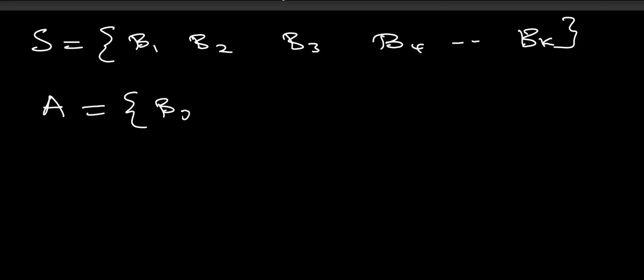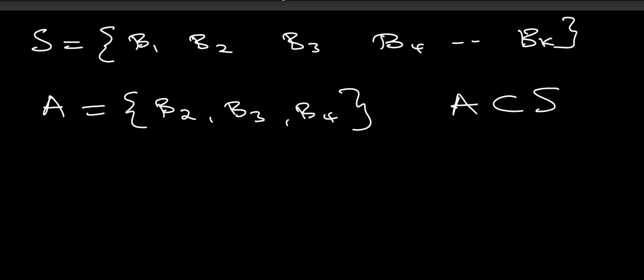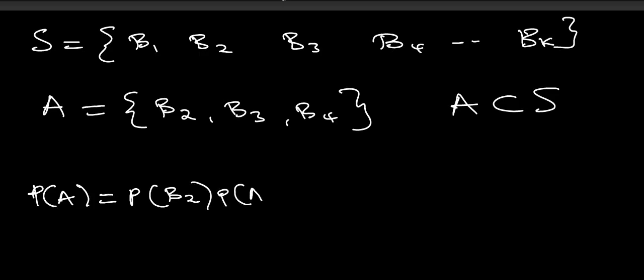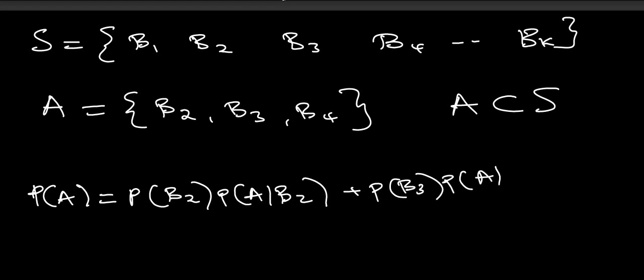No. You're seeing that A is contained in S, right? So the probability of the event A is equal to the probability of the first event in A, which is B2, times the probability of A given B2, plus the probability of B3 times the probability of A given B3, plus the probability of B4 times the probability of A given B4.